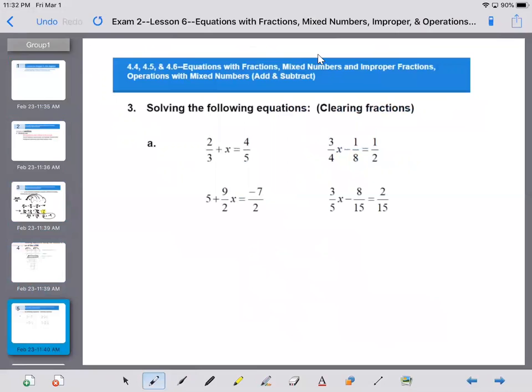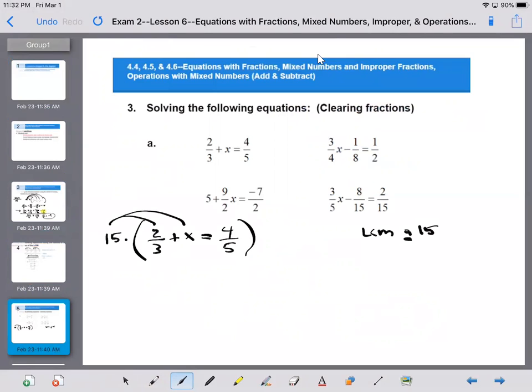So I've got 2 thirds plus x is equal to 4 fifths. So I'm thinking the LCM here would be 15. So we're going to multiply 15 by every term in the equation. So that'll be 15 times 2 thirds, 15 times x, and 15 times 4 fifths.